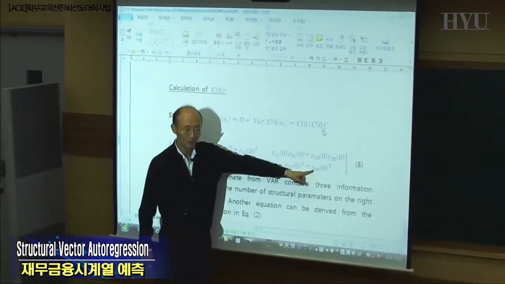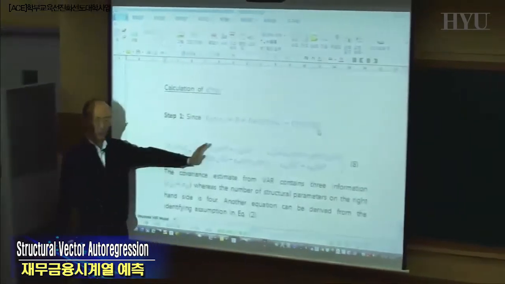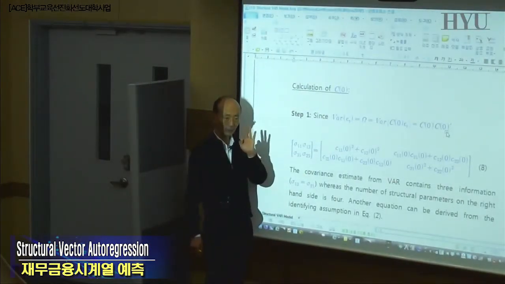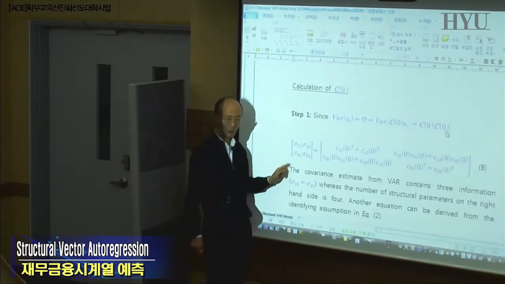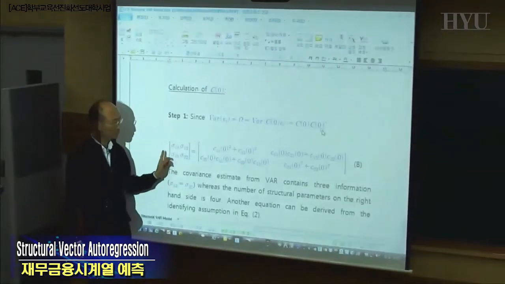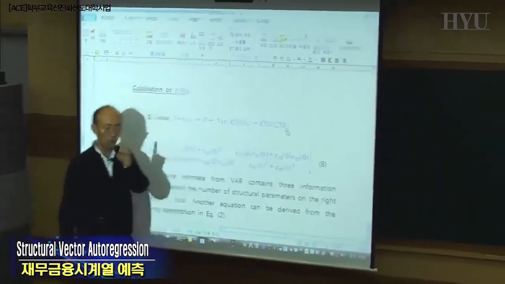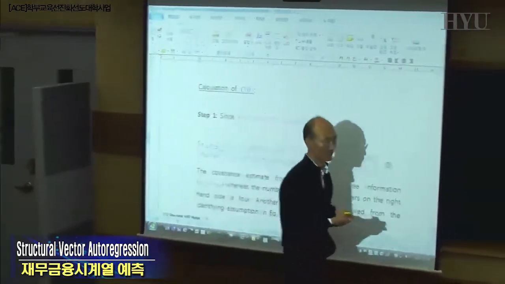Right? So how many equations are here? 3 equations. But the unknowns are 4. Right? So you can't solve it to find C0. So you need one more assumption or equation.